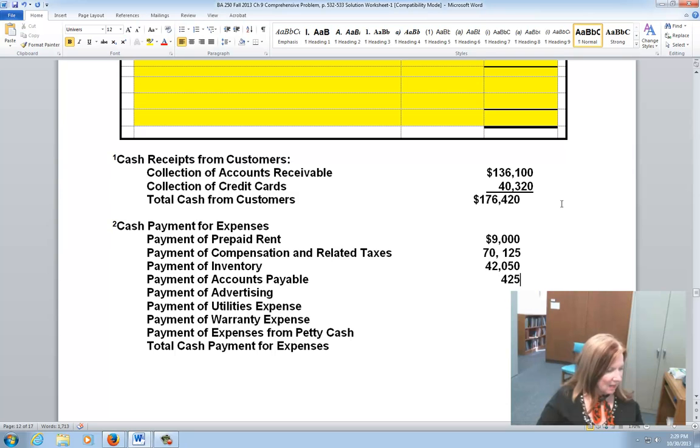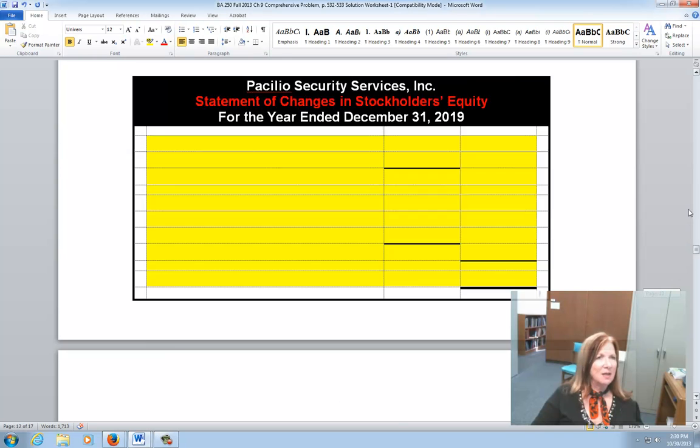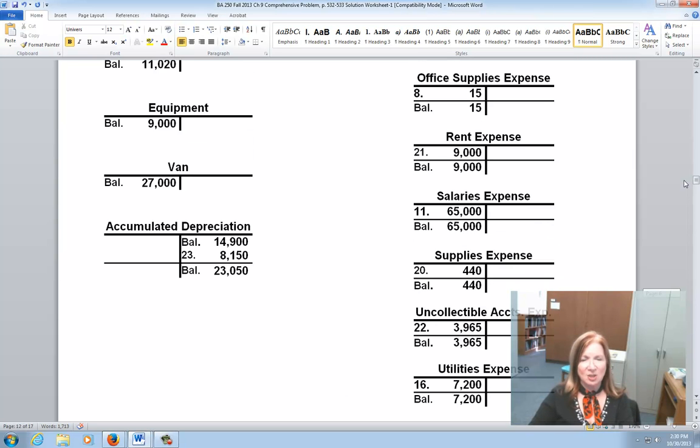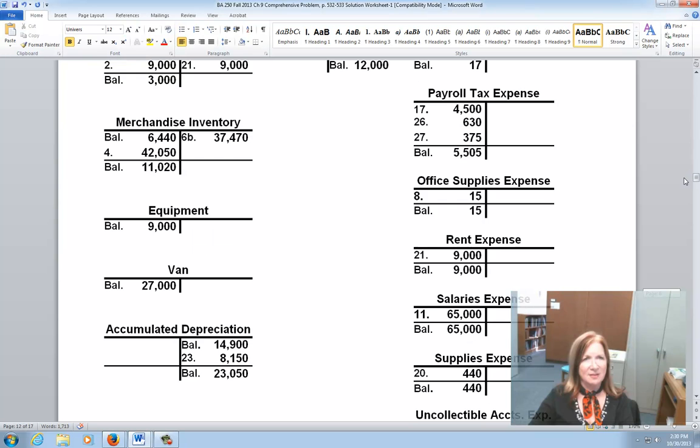And then the next one says payment of advertising. So again, I have to go back to the T accounts because I'm only looking for the payment of the advertising, not anything else that might have happened in the T account. So advertising is an expense. It's over here in the equity section, which is on the right-hand side of this list of T accounts.